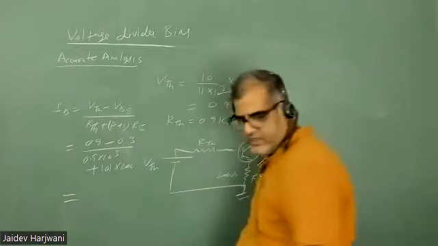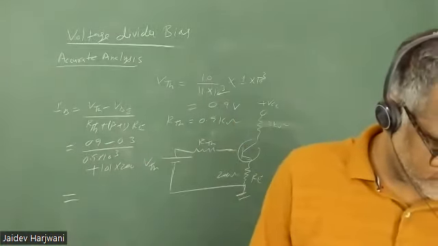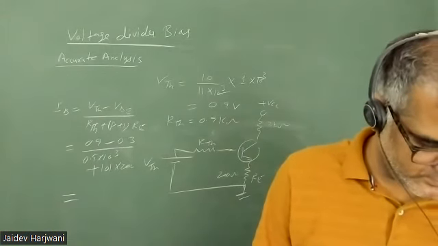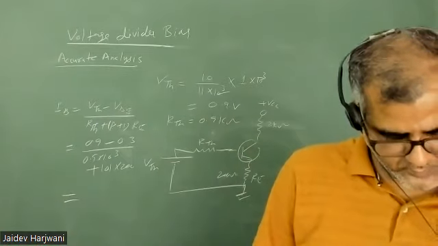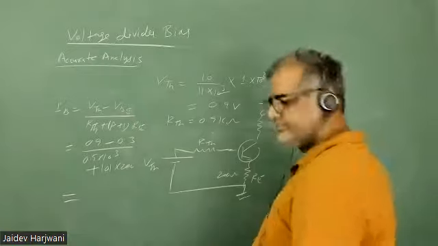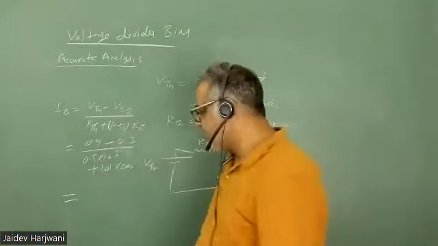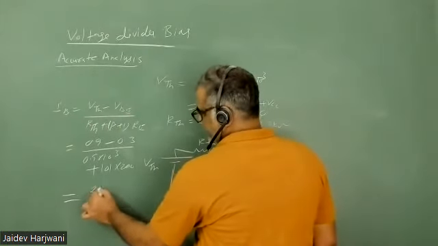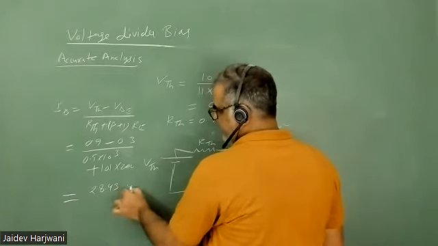So tell me what is coming, IB. It will come around 28.43, 0.2843 into 10 raised to minus 4, this is in microampere.